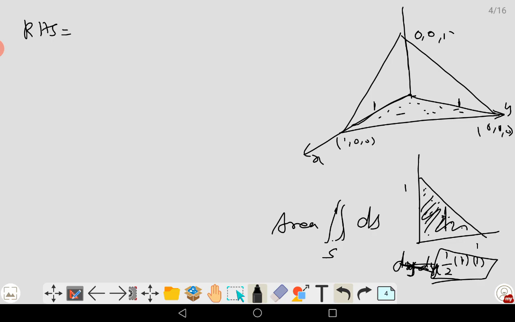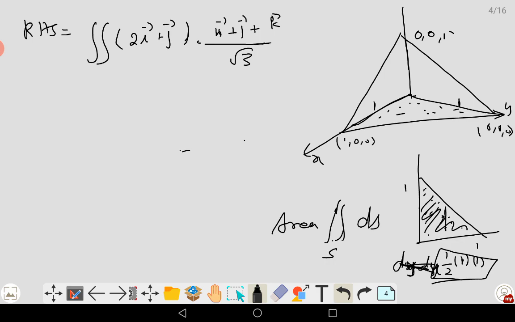Now let's be back to the right hand side. We are just applying the right hand side. Double integral of curl f, which is 2i plus j, dot n vector. N vector is i vector plus j vector plus k vector over root 3, and ds is actually square root of 3 dA.